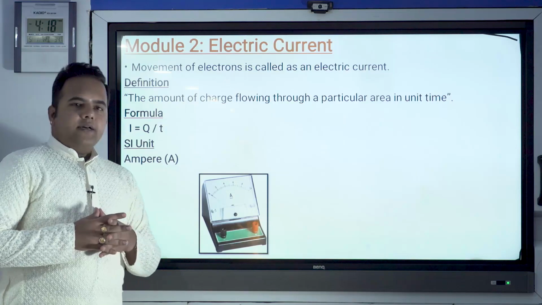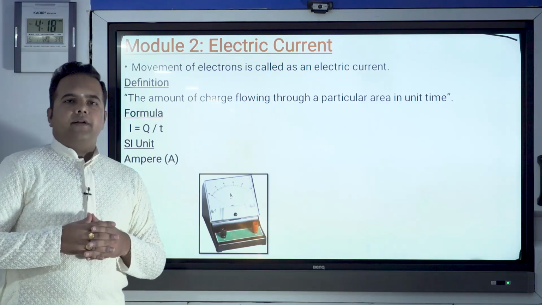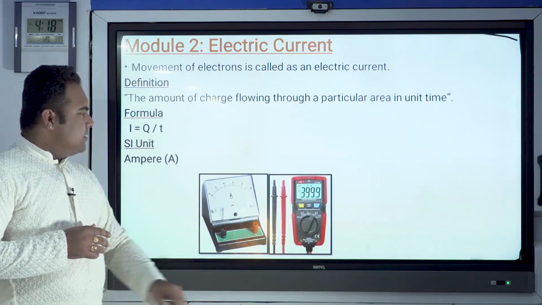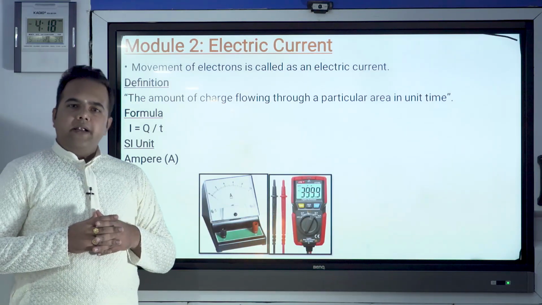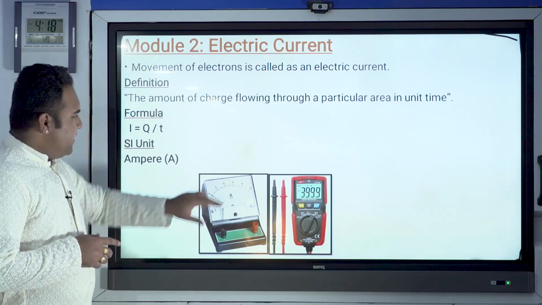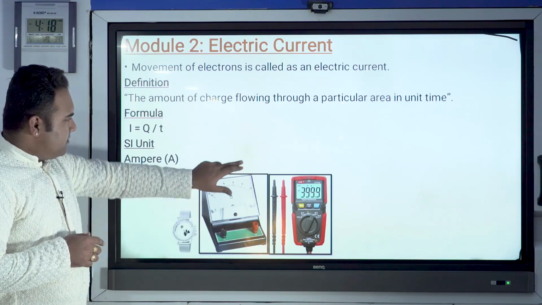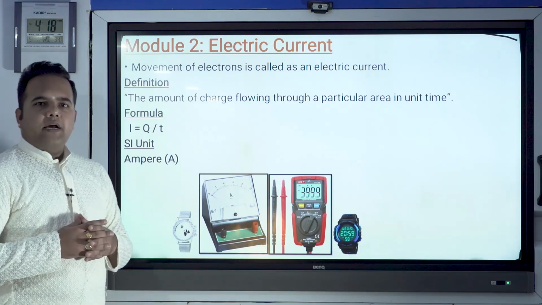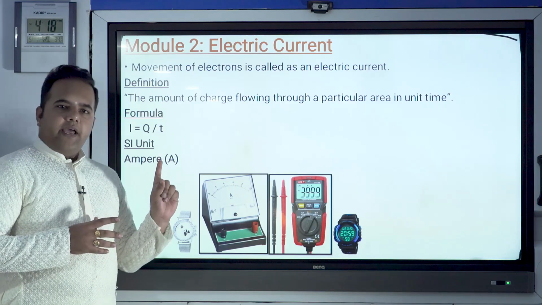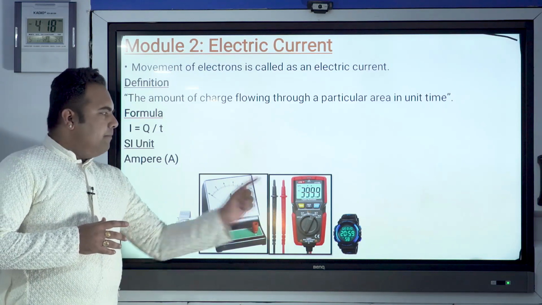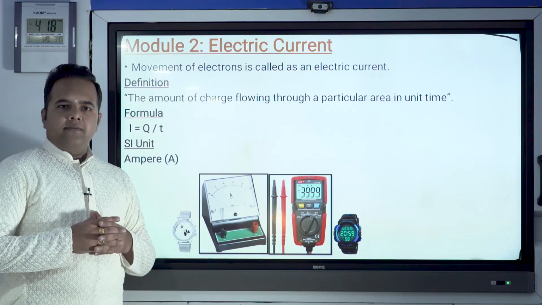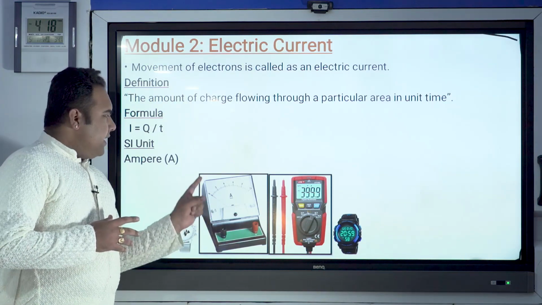Suppose we want to make a more sophisticated measurement, more accurate and precise, then we use a multimeter. The difference between these two is very simple. I think you understand now. The ammeter is the analog equivalent of the multimeter, which means when you make a measurement with the ammeter, it gives an analog value.